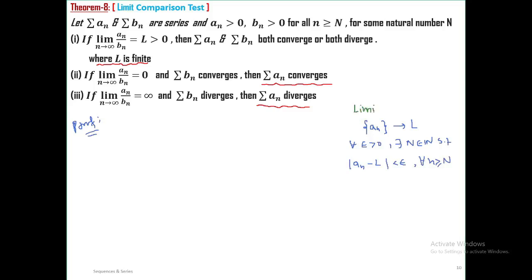By using the limit definition, I want to attack this theorem.